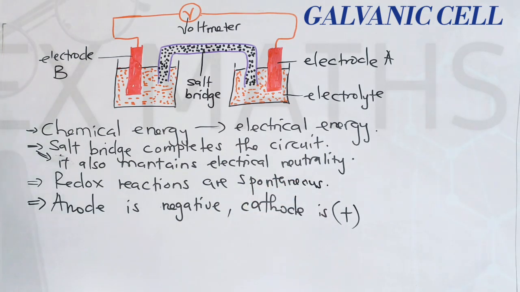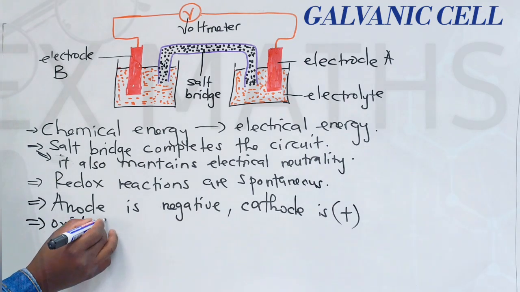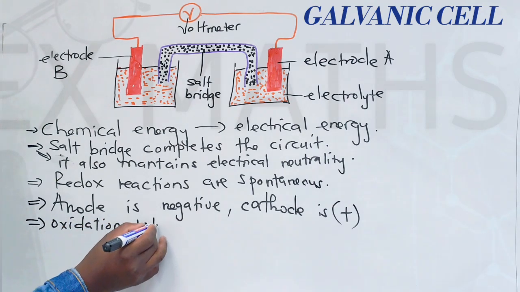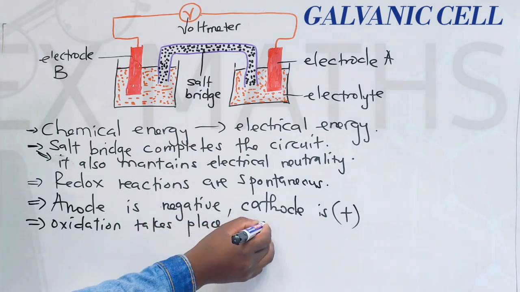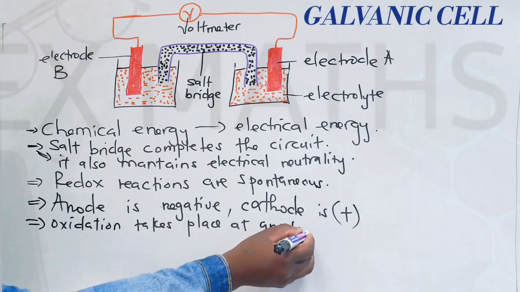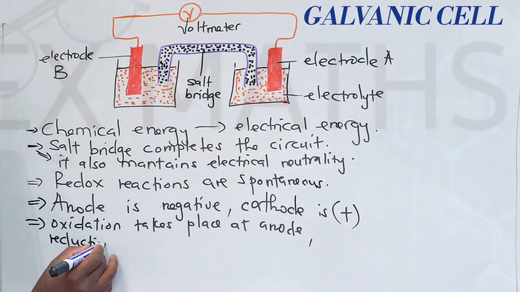We don't need electricity to start up the reactions. So in this case, oxidation takes place at the anode, reduction at the cathode.